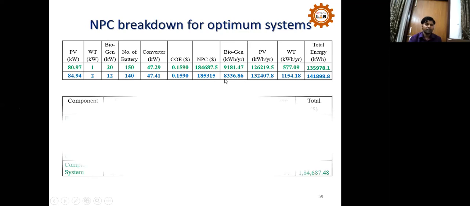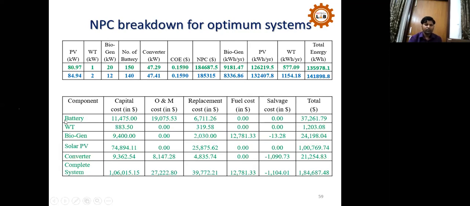You can check the different components' costs, like the battery, wind turbine, generator, solar PV, converter, or complete system cost. You can see the capital cost, initial operation and maintenance cost, and replacement cost. All this cost you can get from the simulation result.